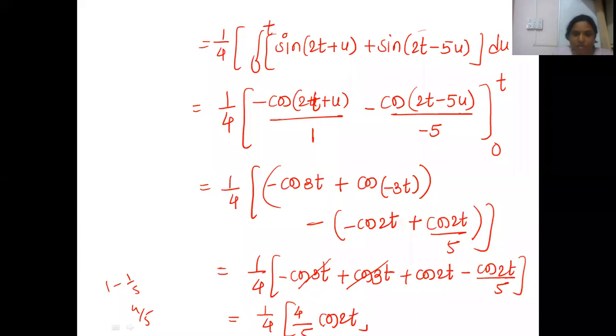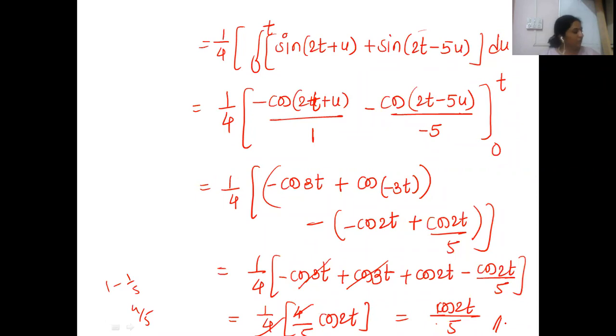The 4 gets cancelled here. And the answer is 1 by 5 cos 2t. Correct? Yes. So such questions are there in convolution. So you can try more.